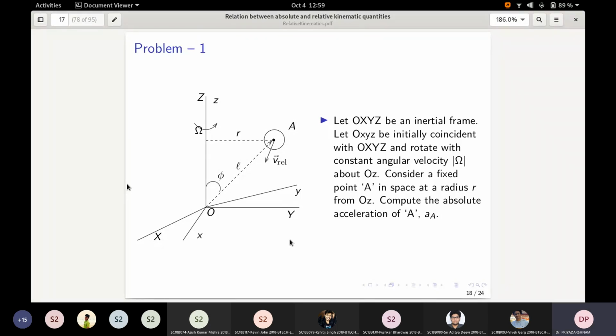Imagine this capital OXYZ frame is your inertial frame, and then you have capital O and small xyz be the moving frame. Let us assume that it is rotating with respect to the z-axis. Initially they are coincident, and then the small xyz frame is rotating along the z-axis with omega radians.